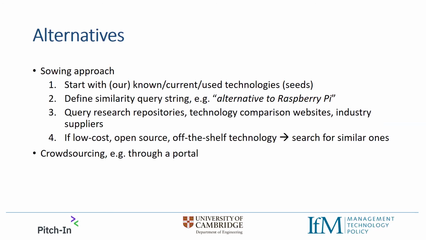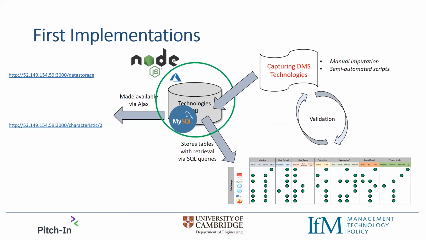If that meets the requirements of the type of technology we are looking for, then we start looking for similar ones. Another alternative is obviously doing a bit of crowdsourcing, for instance, through a portal or through different specialists like industrial partners that we have in the project. Some of them are solution providers, so we can also feed from them.